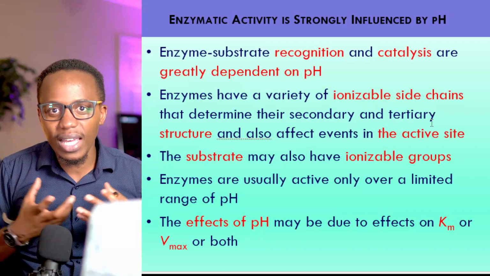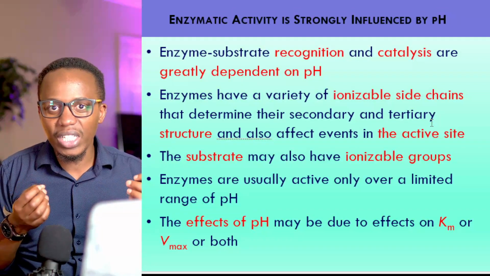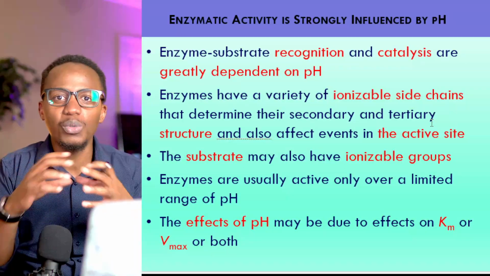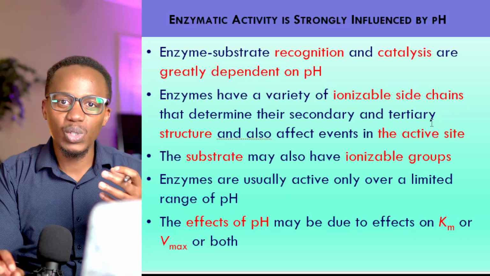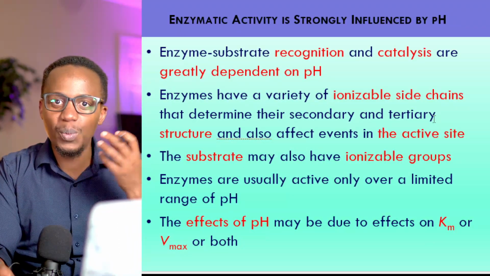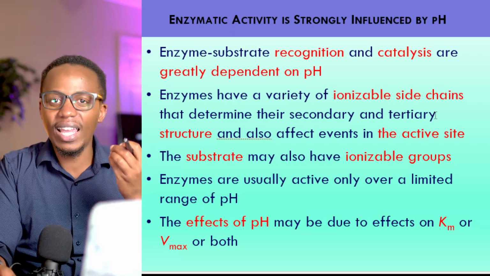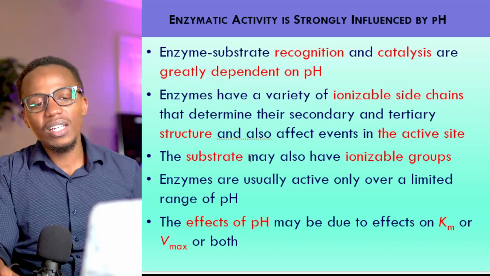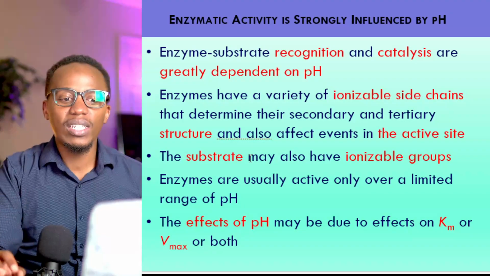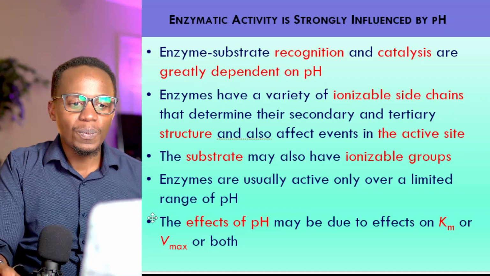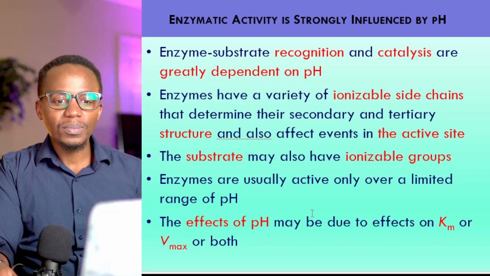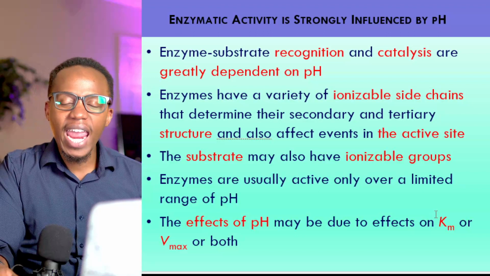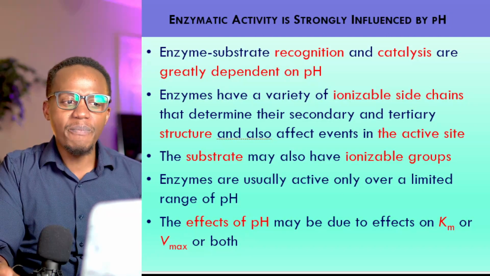Like outside the active site, if you change the side chains, the enzyme is also going to undergo a structural change as well. That's going to change the size and shape of the active site, right? So the pH may also change the substrate. So the effects of pH can and they do affect Km and or Vmax, right?